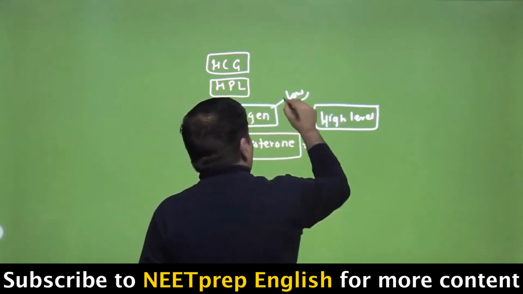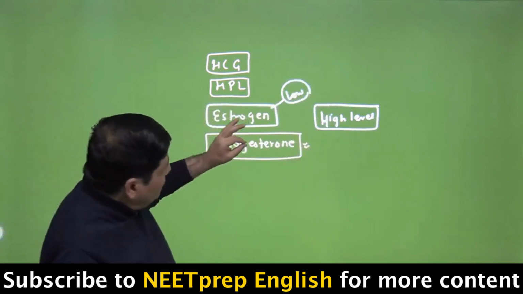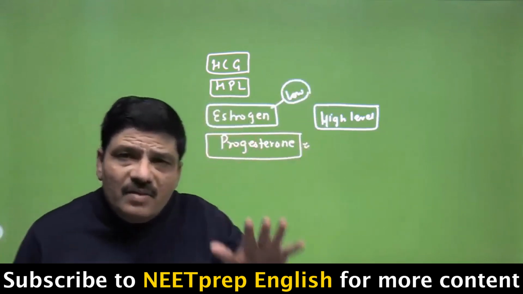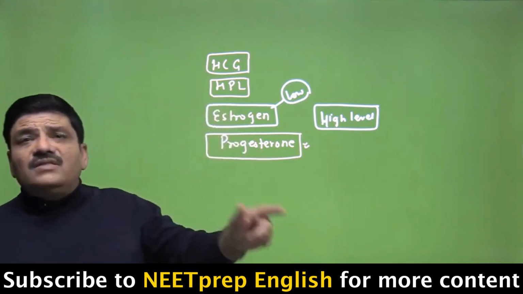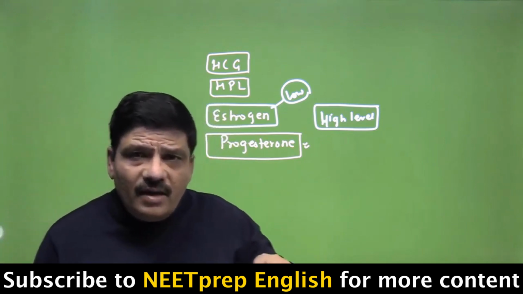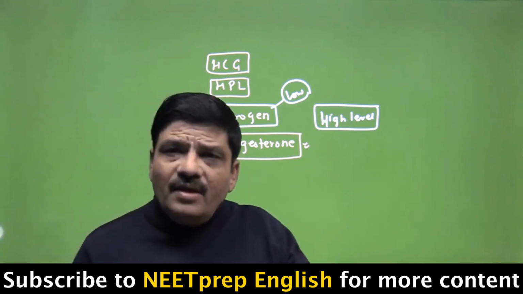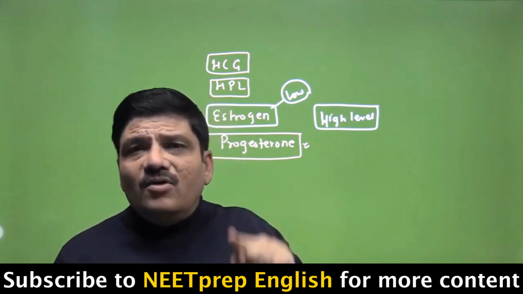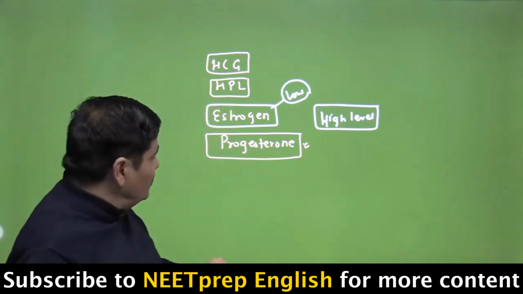A high level of progesterone inhibits the contraction of the myometrium and therefore prevents abortion. Now understand it very clearly. We are saying that a high level of progesterone during pregnancy will inhibit myometrium contractility and therefore will prevent abortion.